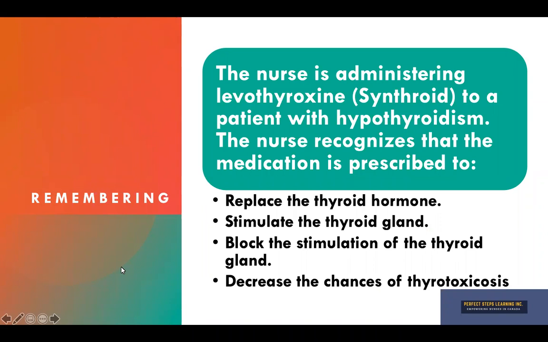The first one, we start with the basic, which is remembering. As I told you before, it's the most basic one where your knowledge is needed. You don't need knowledge application, just your knowledge. As you can see, the question states that the nurse is administering levothyroxine, also known as Synthroid, to a patient who has hypothyroidism, and the nurse recognizes that the medication is prescribed to A, B, C, D. Now you have to figure out which of the following is the correct action of this medication.